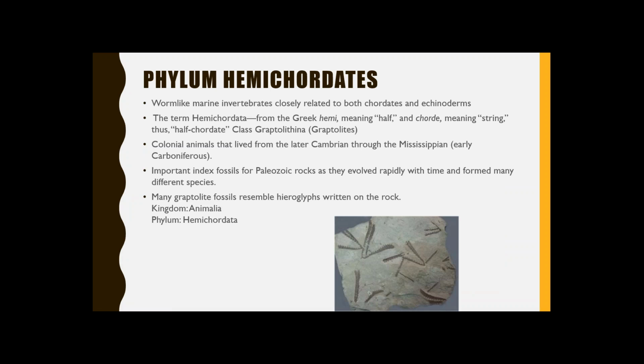One thing I wanted to mention is that their name comes from two different words, one meaning half and the other meaning chordate. A chordate is an organism that has a notochord or a spine. So hemichordates are half chordates.